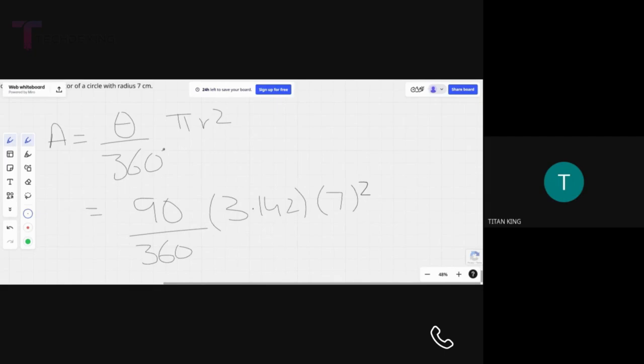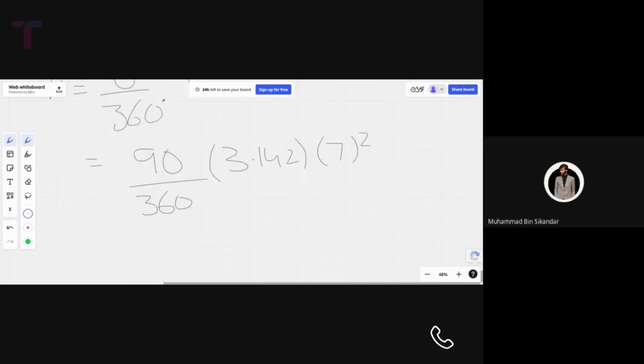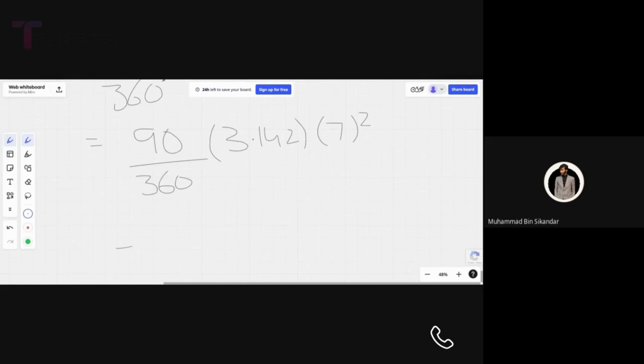Do this all on calculator and you will get the answer for it.